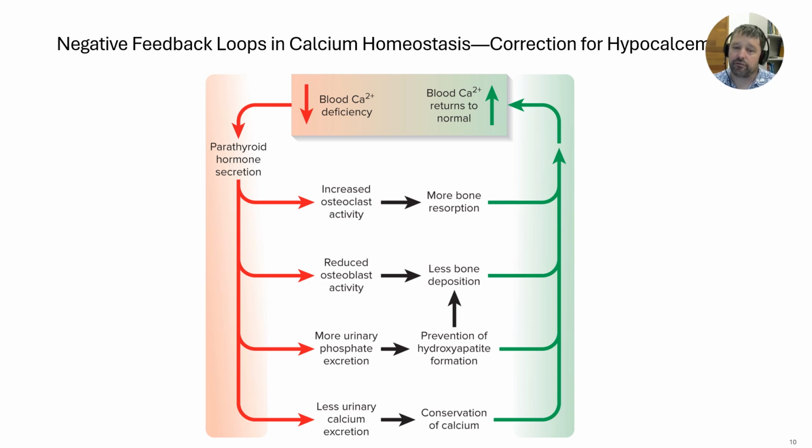You can have your urine excrete less calcium and maybe more phosphate. Okay, and that will prevent the hydroxyapatite from forming, so you're not using up those molecules to make those seed crystals. Okay, so that in turn will have less bone deposited, so more calcium can stay in the system.